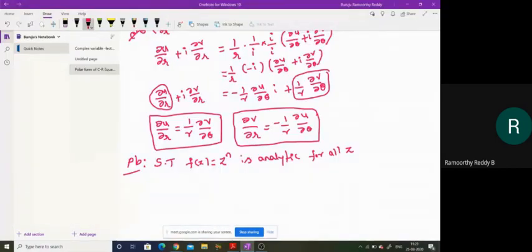Hello, can someone speak? If f(z) = z squared, how do you prove f(z) is analytic?